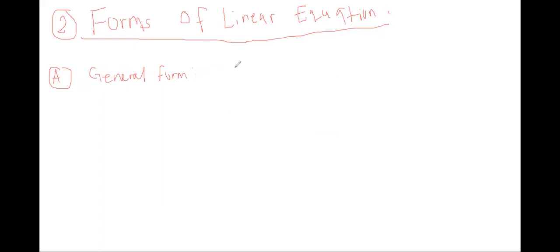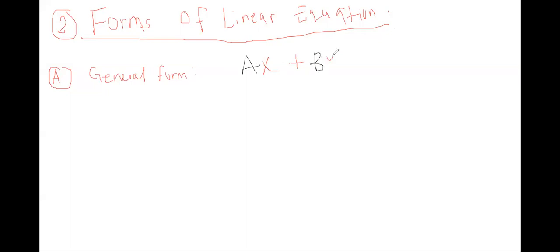So we have standard form, we have general form. The general form looks like this, but however you state it, the concept, the idea can be applicable to any form.